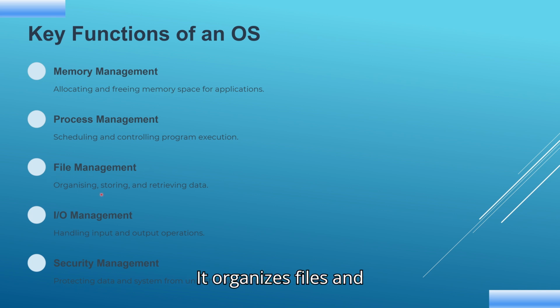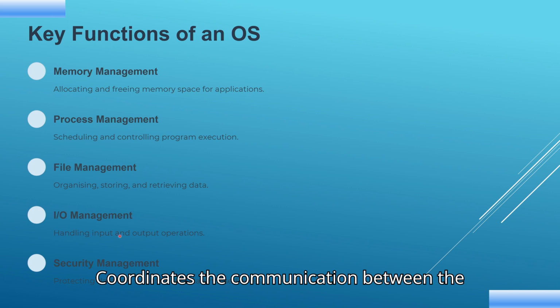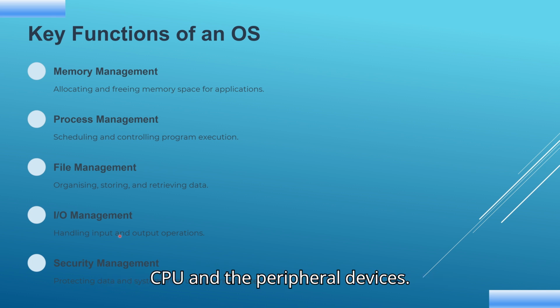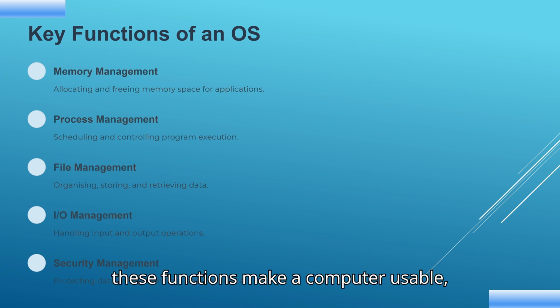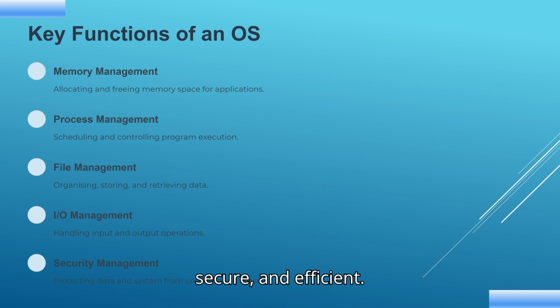It organizes files and folders, handles the storage and retrieval. Input and output management coordinates the communication between the CPU and the peripheral devices. Last, security management. It protects data and resources from threats, unauthorized access, and system failures. Together, these functions make a computer usable, secure, and efficient.